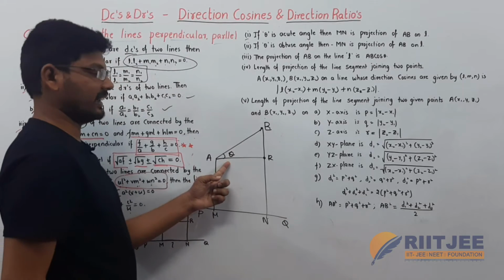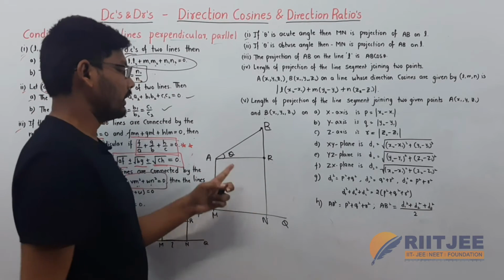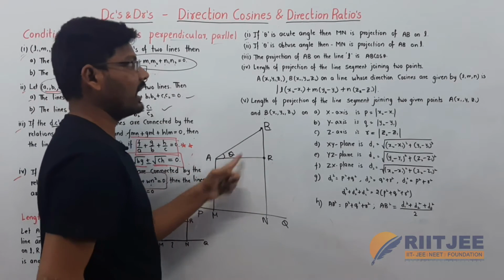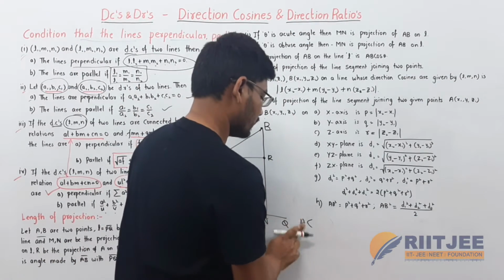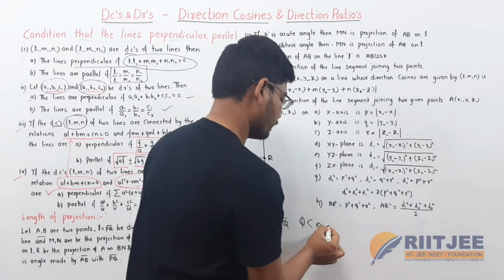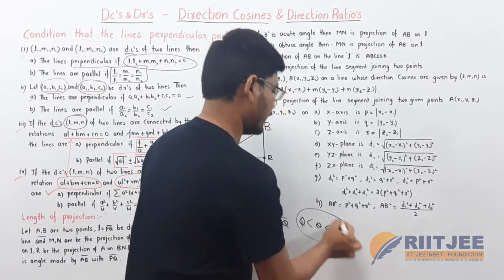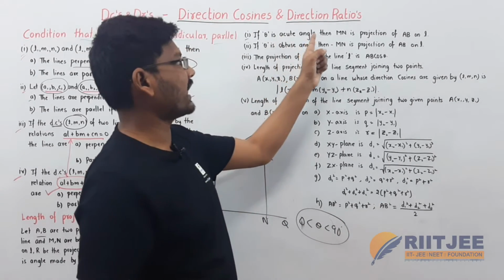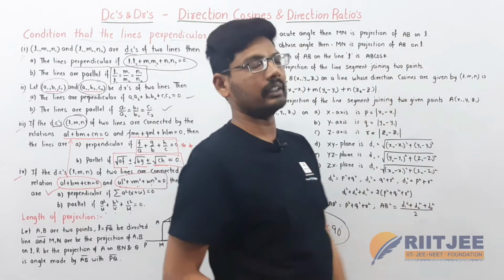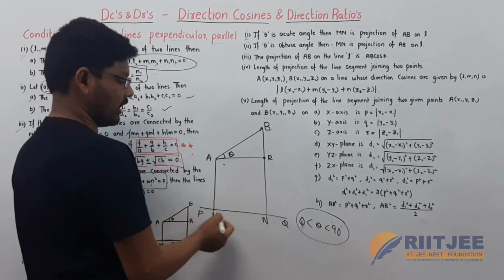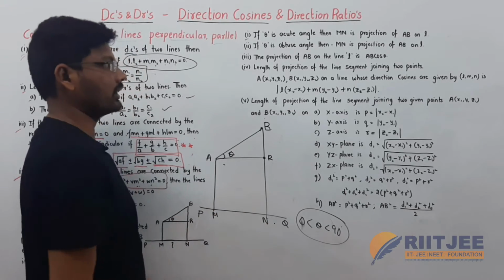So this is angle theta here, this is the projection of R. Here if this angle theta is an acute angle, that is, angle theta lies between 0 and 90, then MN is the projection of AB on the line PQ here.